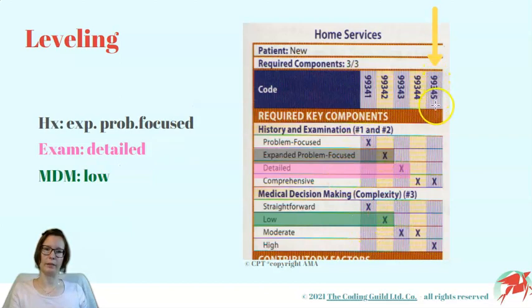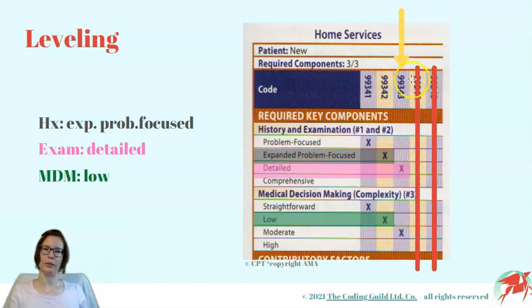Code 99345 has none of the elements reach it, so it is definitely not a level 5 visit for this patient. Code 99344 has the same problem, no elements reach it at all. Now this one, 99343, has at least 1 element reach it, the detailed exam, but unfortunately that's not enough because look here, the required components are 3 out of 3, so all the 3 must meet or exceed the same level.